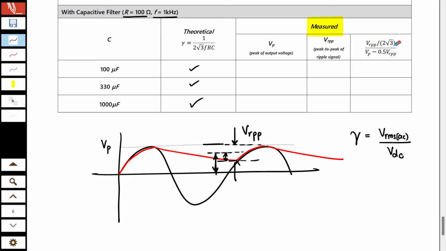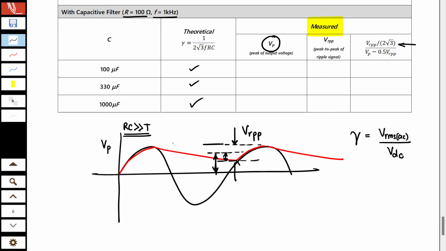Now we've discussed this in class as well. This term 2 root 3 comes from the triangular approximation of this ripple waveform, because RC is much greater than the time period. So what you need to measure in this third part is Vp, that is the peak voltage of the ripple.